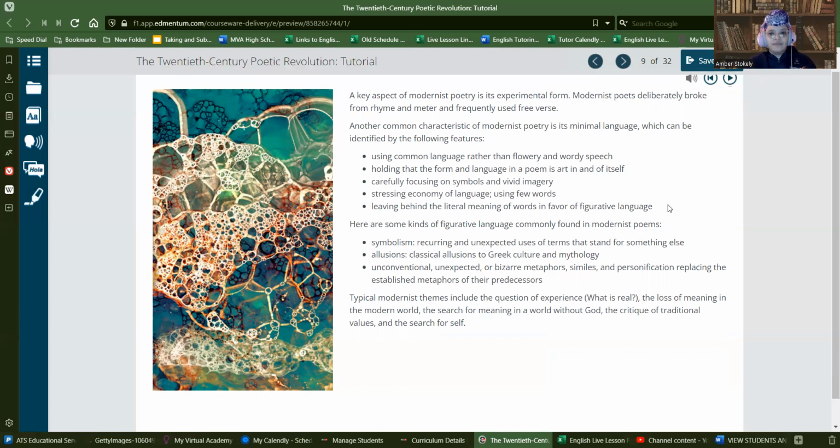So if I were to say, her eyes are the sea, I'm comparing someone's eyes to the sea. And you have to think about all the connections that can be made. When you think of the sea, what do you think of? You think of water. Water is usually blue, so this person's eyes are probably blue. The ocean or the sea is deep, right? It stretches all the way down to the Earth's crust, right?